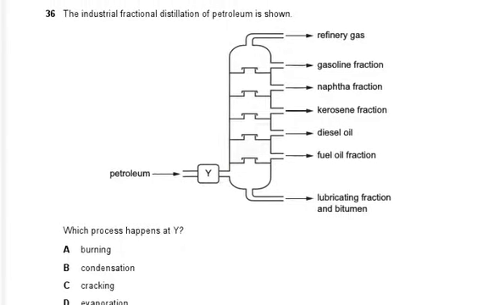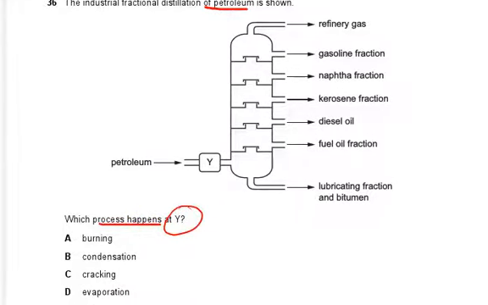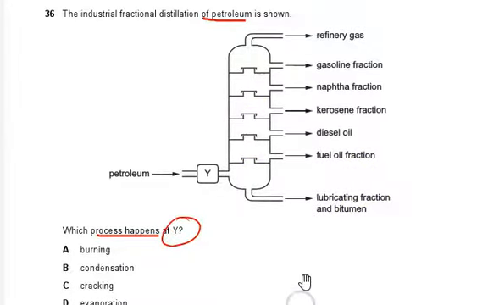Okay, the industrial fractional distillation of petroleum is shown. What happens at the Y? So Y, which is over here, is the place before they are being separated. Here you have to understand this is a fractional distillation, which is based on their boiling points.